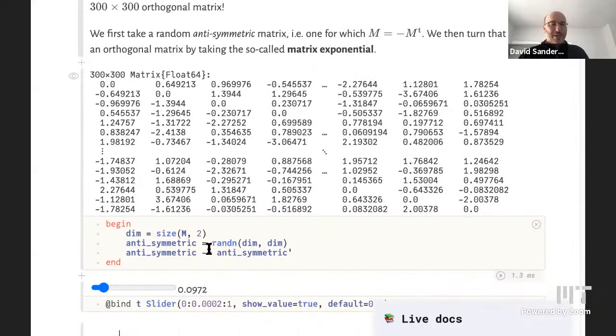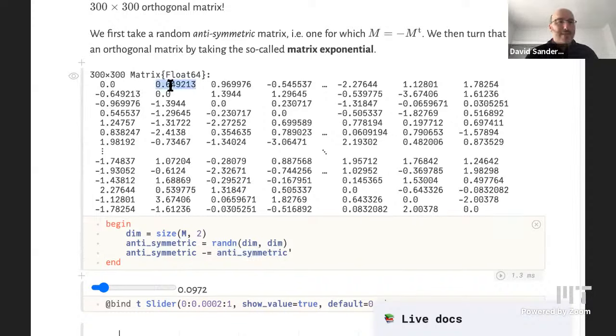First we're going to generate a random matrix in 300 dimensions, 300 by 300. Then we're going to make it antisymmetric by subtracting the transpose of that matrix. So we transpose it, flipping X and Y in the matrix, and then we subtract one from the other, and we see that indeed we get zeros all along the diagonal.